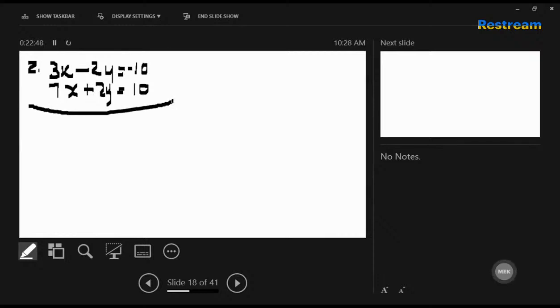So these are our two original equations.